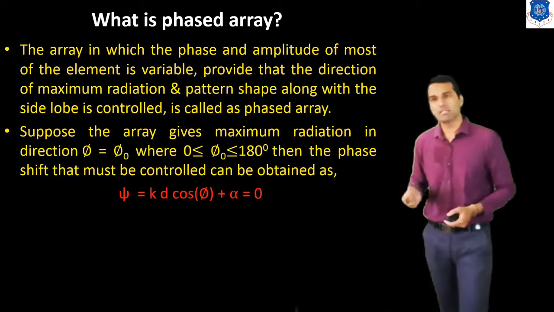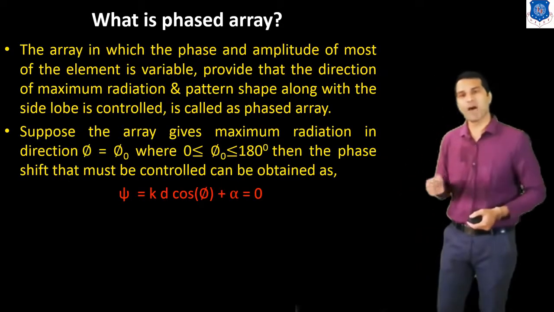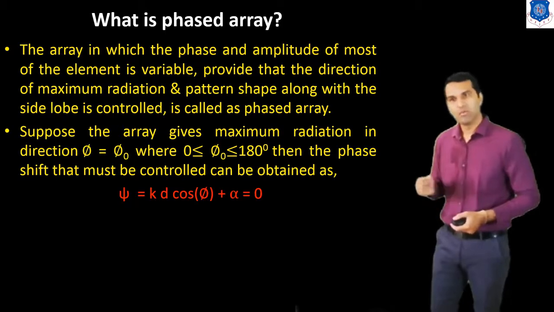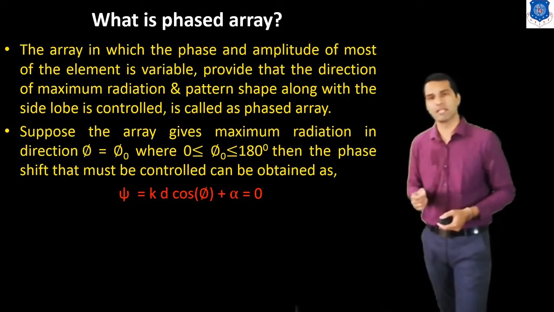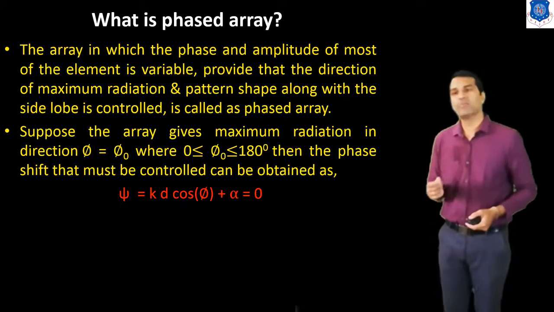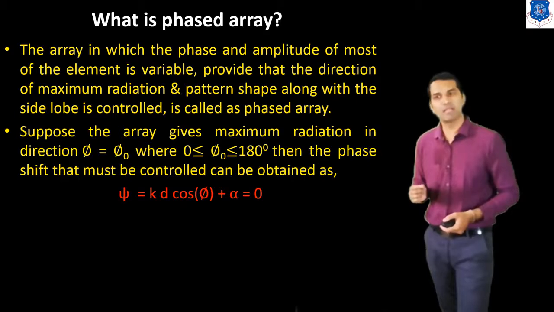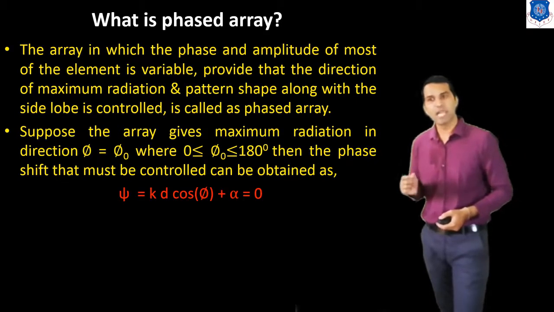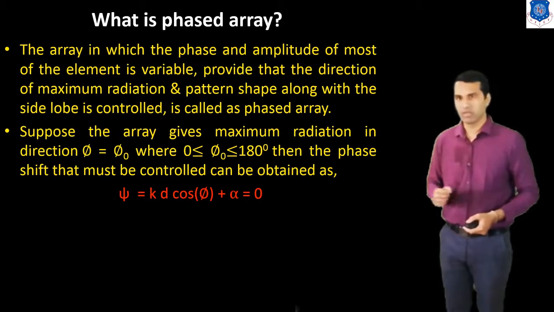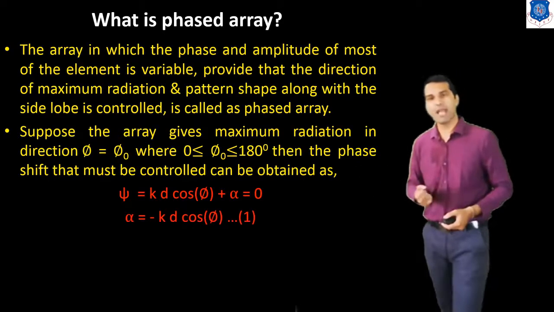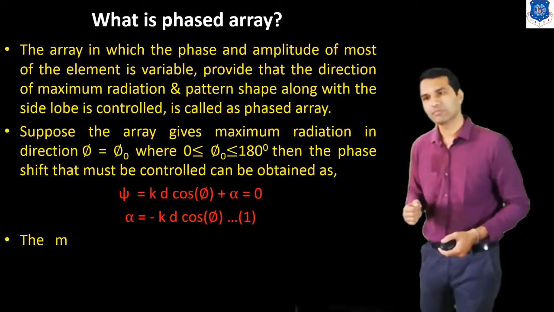Suppose we consider the array giving maximum radiation in the direction phi equals phi 0, where 0 is less than or equal to phi 0, which is less than or equal to 180 degrees. Then the phase shift that must be controlled can be observed as psi equals kd cos phi plus alpha equals 0. From this equation we can write alpha equals minus kd cos phi0.